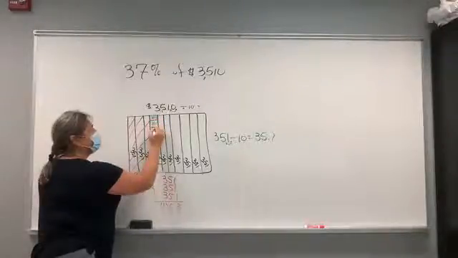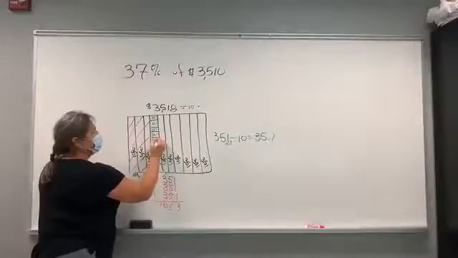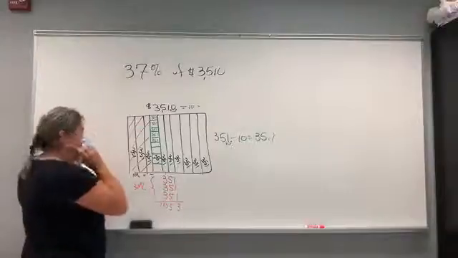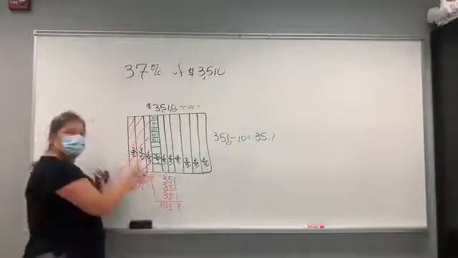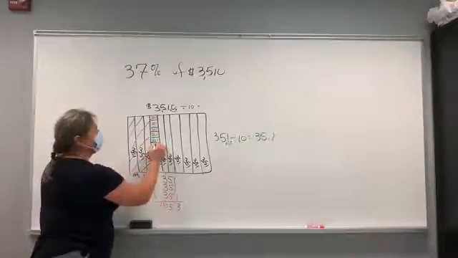Now again, there are faster ways to do this, but fast isn't always better. It's rarely better. So we do want to be efficient, but we also want to make sure that we understand the concept. So here's 5, 6, 7.